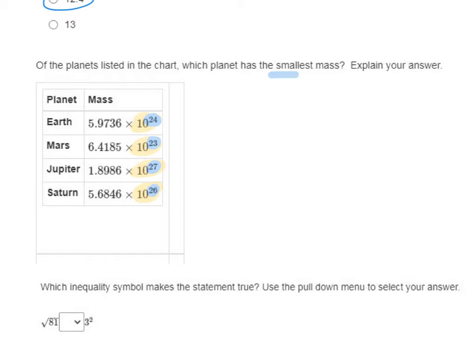If it's asking which has the smallest mass, now out of those 4 planets, well, Mars has the smallest exponent, so that means Mars has the smallest mass. That's all you had to do. I have no numbers written out. I didn't need to. That's just pay attention to the exponents when you're comparing scientific notation.